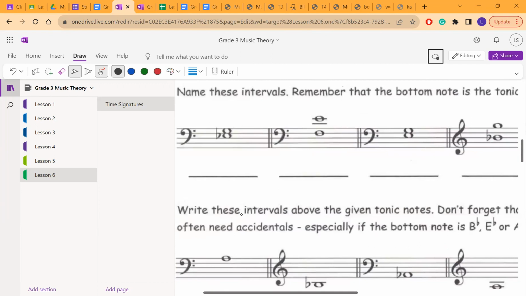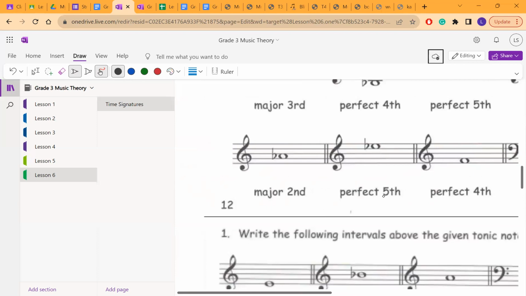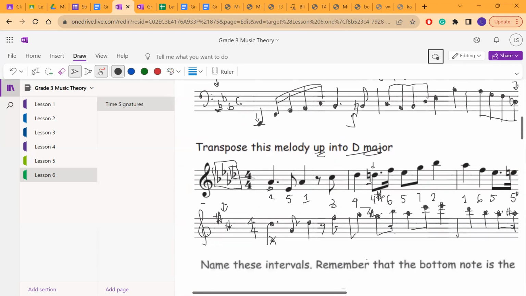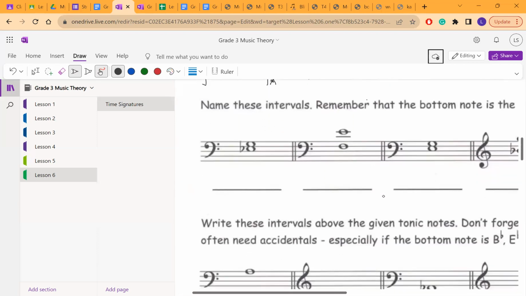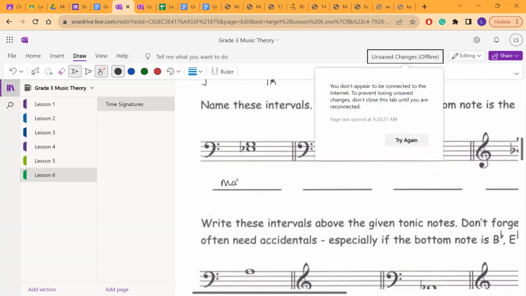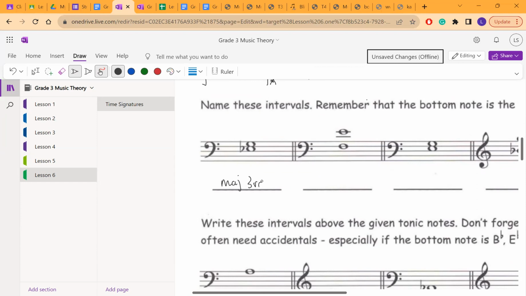You had these two pages for your homework, and this is page 12 and 13. I'm gonna run through these. You can mark your own work.